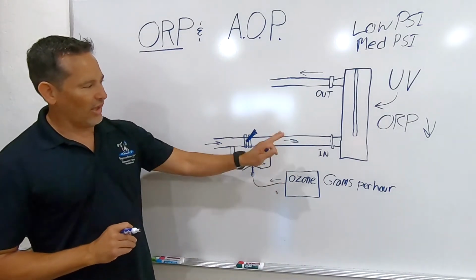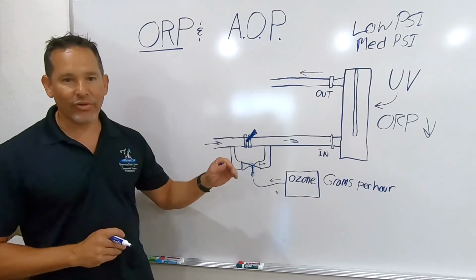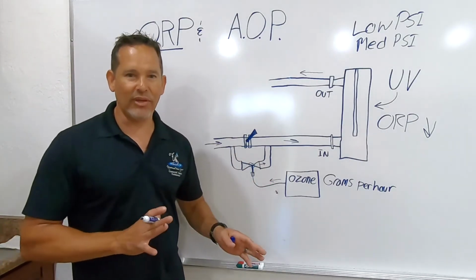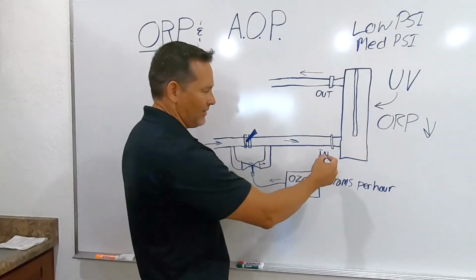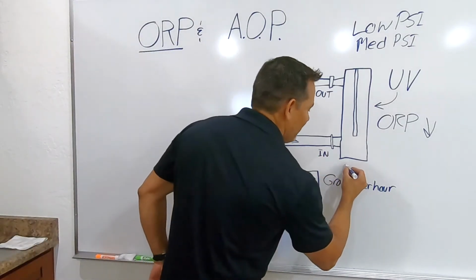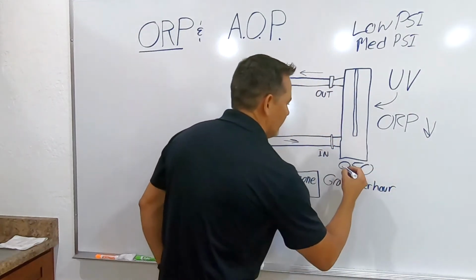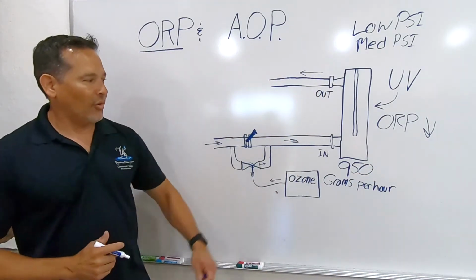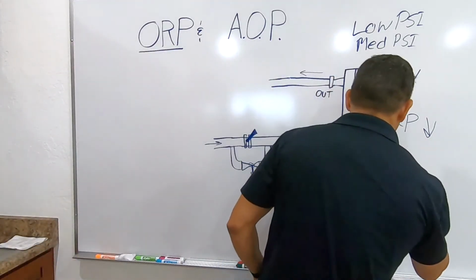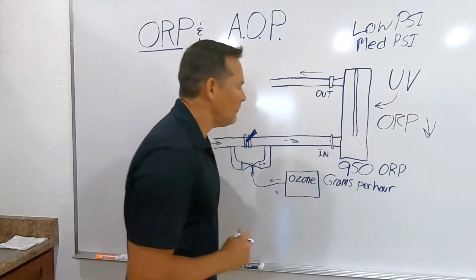And when you're using that ozone, when it touches the water, it raises it much higher than chlorine ever can dream of getting to. So you can see ORP levels as high as, let's just say on the inlet side here, it could be going in at 950. Okay? So if you can read that there. So I might have an ORP of 950. I'm going to write that on there.